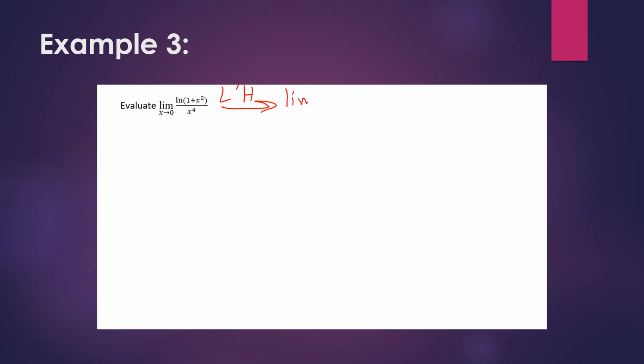So this is the limit as x approaches 0. Now, the ln of 1 plus x squared, we are going to have to use a chain rule. So this is going to be 1 over 1 plus x squared times the derivative of the top, which is 2x, all over the bottom, which we're going to get 4x cubed.